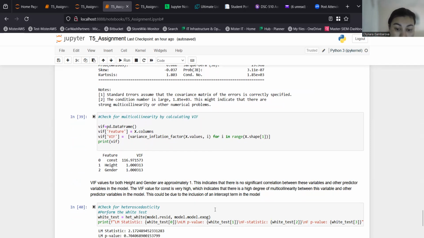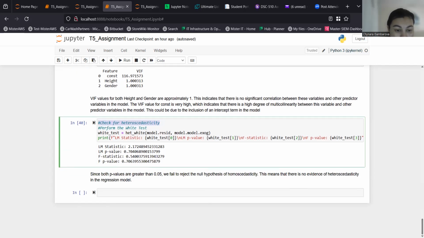This could be due to the inclusion of an intercept term in the model. And the last assumption here is heteroscedasticity. So here again, both p-values are greater than 0.05, and we fail to reject the null hypothesis. And this means there is no evidence of heteroscedasticity in this regression model.